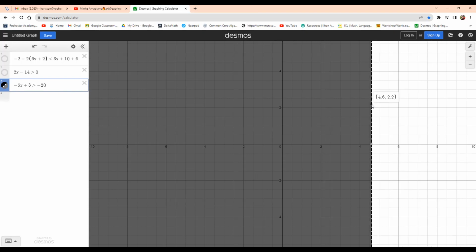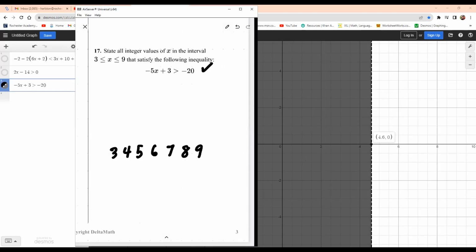That's where the boundary starts. So what we would say on the iPad is that x, and the shading is to the left, so we're going to go to the left, has to be less than 4.6.